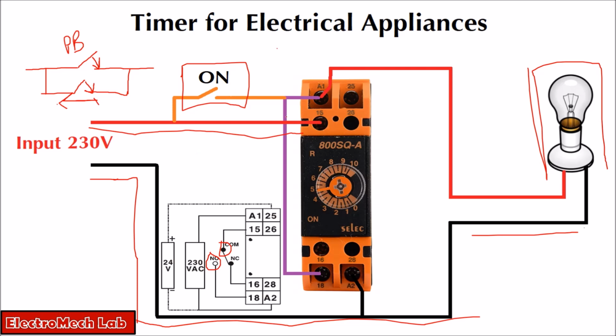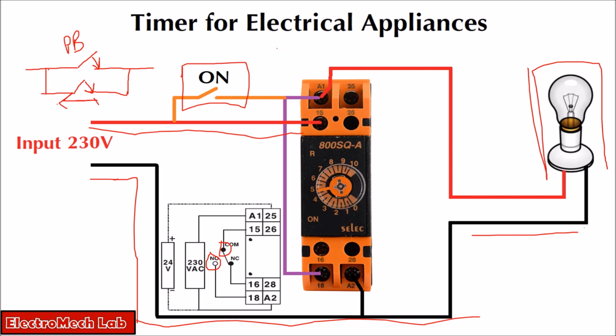Right. So as soon as this timer is powered up, you see this A1 230 volt is also going to the load. So this load will be switched on and it will remain on until this timer value ends. As soon as the timer value ends, this NO connection becomes open because we have released the push button.